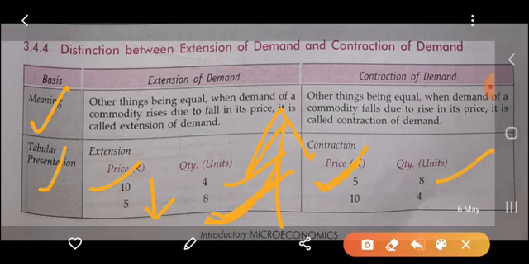When the price rises from 5 to 10, the consumer is consuming less, so the quantity demanded decreases. So in the extension of demand, when the price falls, demand is increasing. In the case of contraction, when the price is rising, demand is decreasing.